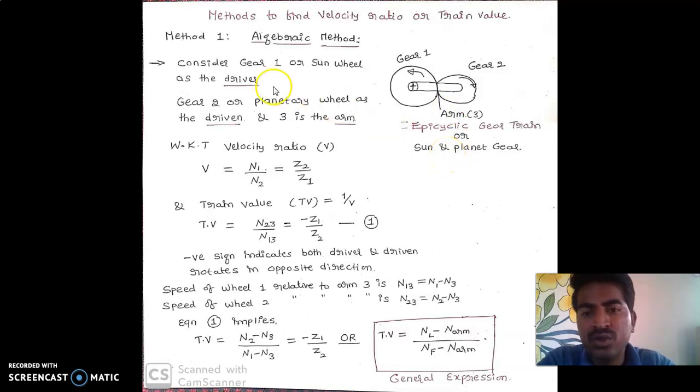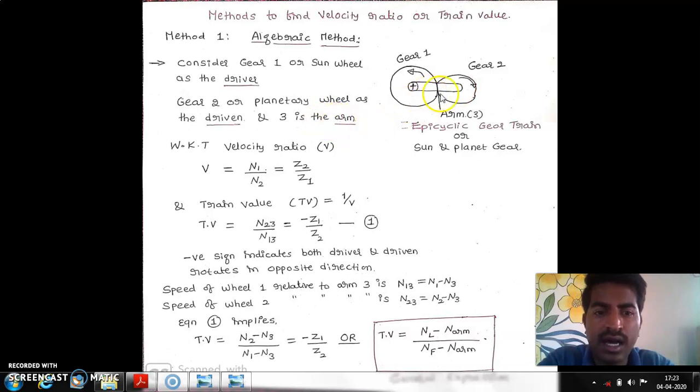So consider gear 1. As I said, it is also called a sun wheel and it is treated as the driver gear. Gear 2, or planetary wheel, is also called the planet gear and it is treated as the driven gear. And 3 is the arm. So this is the simple epicyclic gear train.